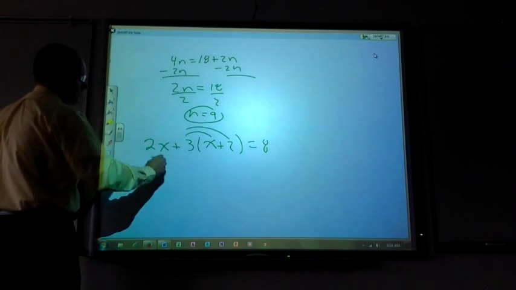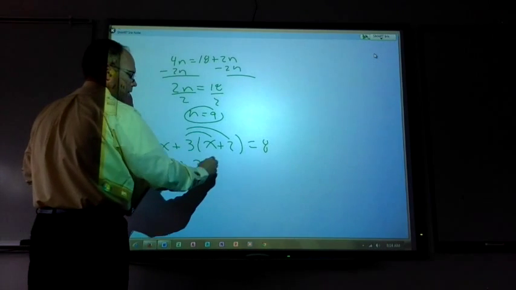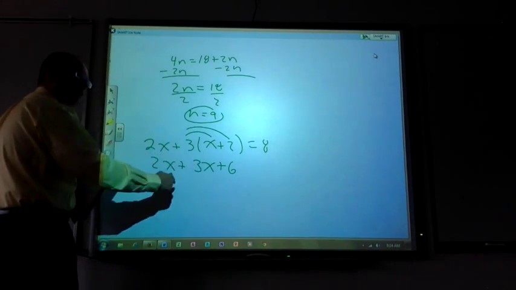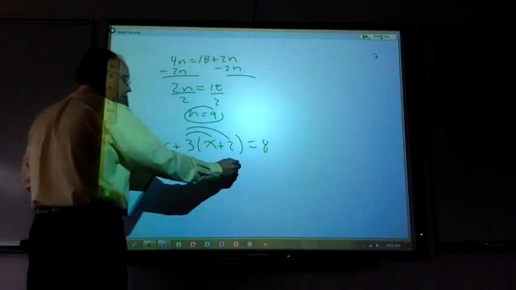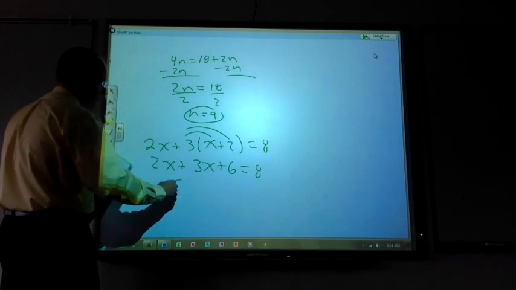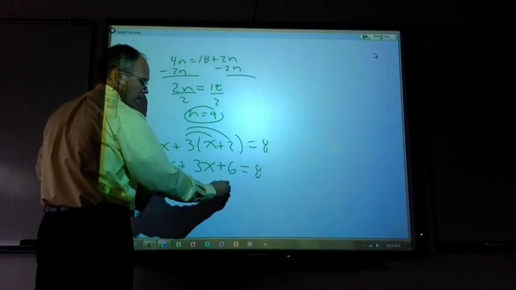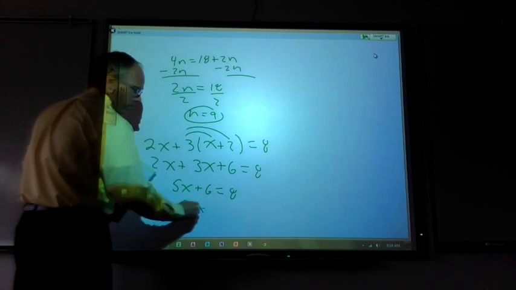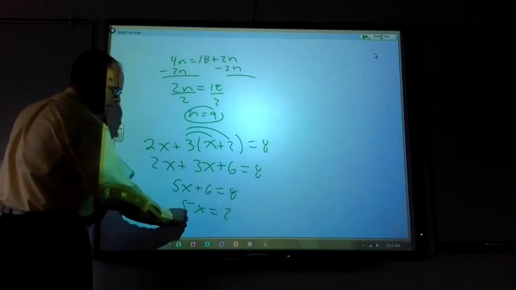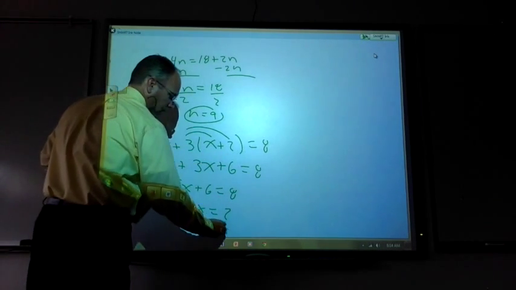Distribute. Notice those signs both stay the same because I distribute a positive over. And so that's going to be 5x plus 6 equals 8. 5x is equal to 2 by subtracting. x equals 2 over 5.